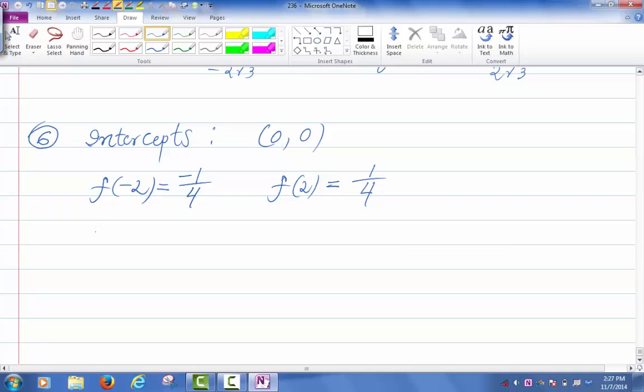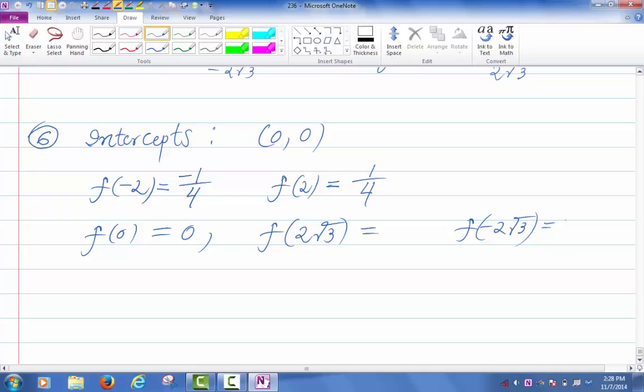Now, we also found some critical points for the second derivative, right? When we looked at the concavity, we found the point 0. f of 0 would be 0 because we know 0, 0 is the intercept. And then we also found two other points there, 2 root 3 and negative 2 root 3. Of course I need the calculator to come up with that.